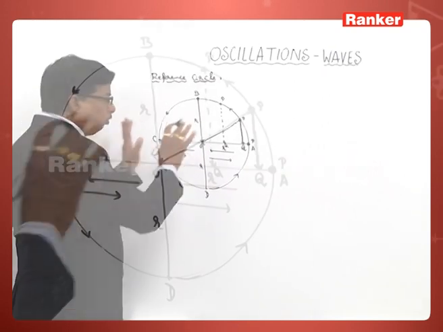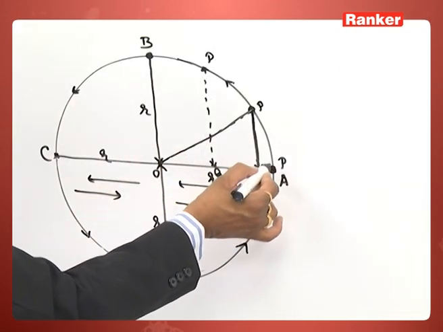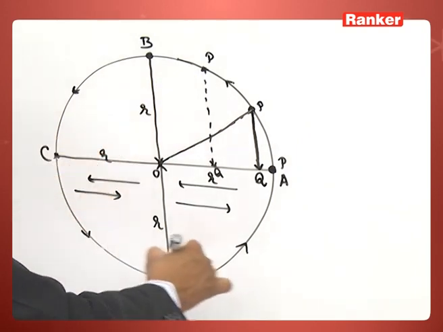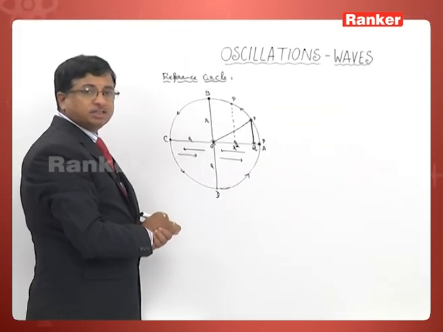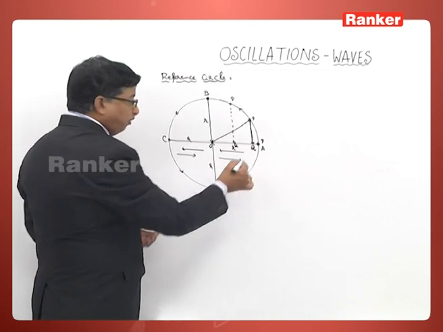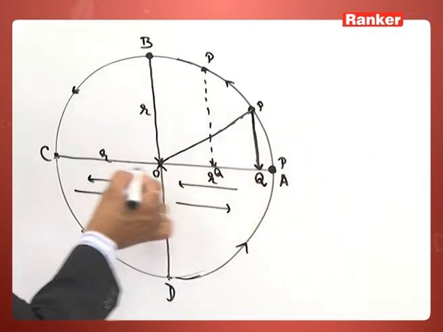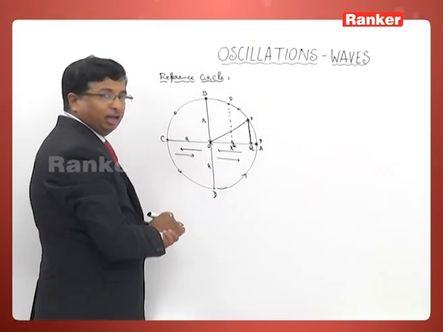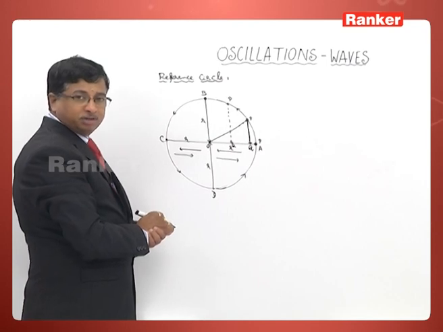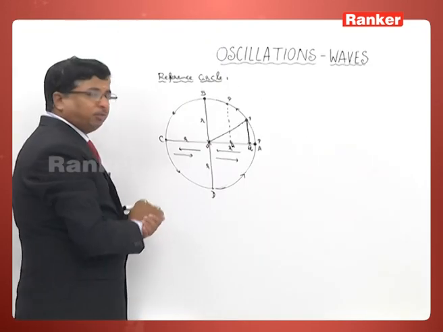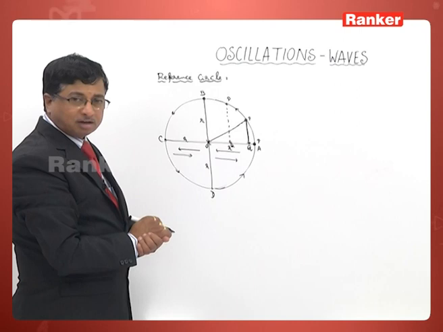So, if you observe carefully, when the point P completes one rotation on the circumference of the circle, the foot of the perpendicular completes one oscillation along the diameter. That means, what is the relation between these two? You try to understand that.